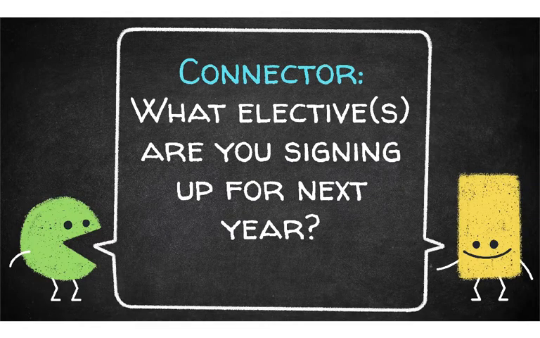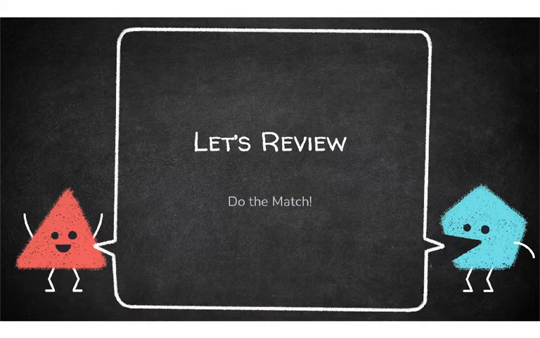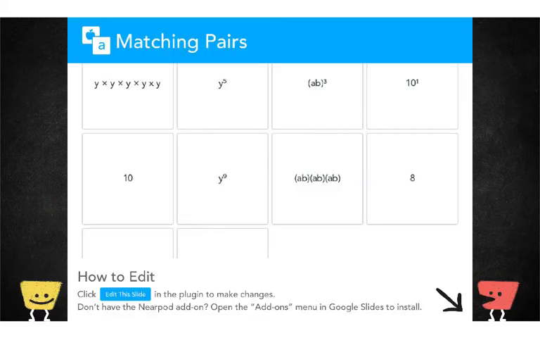All right, so here we go. This was our connector today. I am basically skipping through this piece. All right, so you were asked to find matching pairs in this activity. So basically, if you were in class today, you noted that y times y times y times y is y to the fifth.